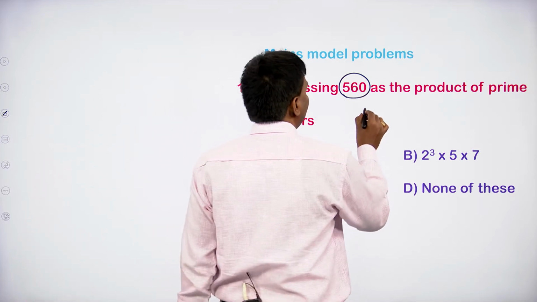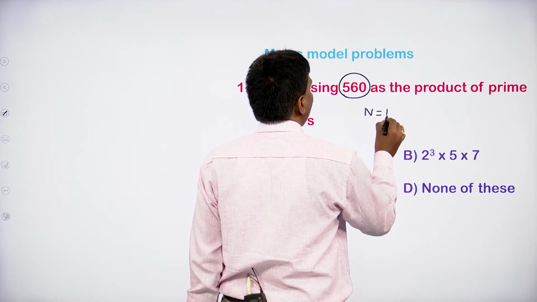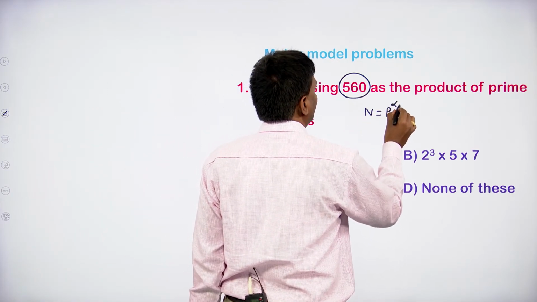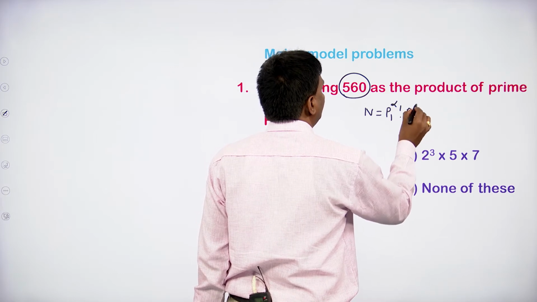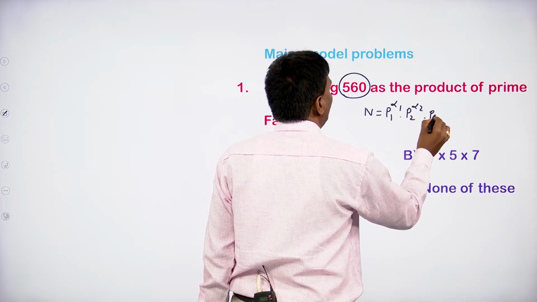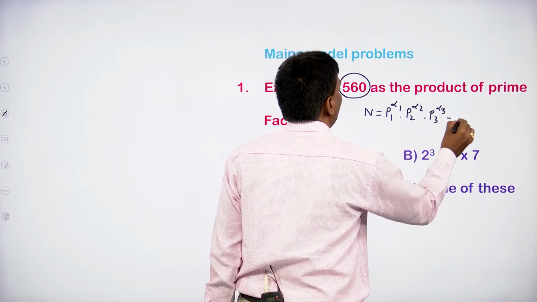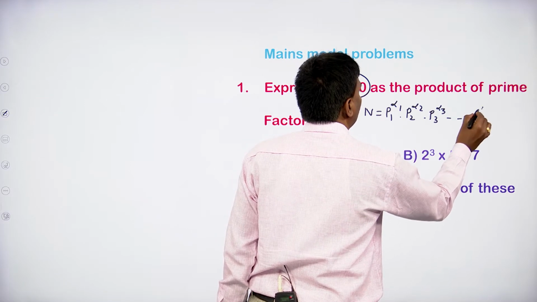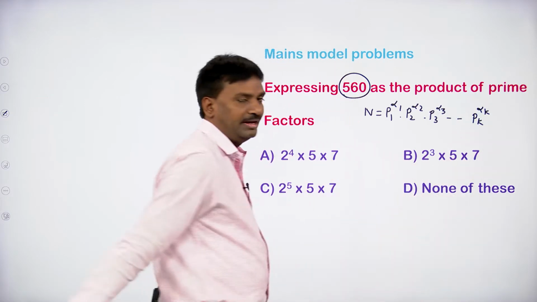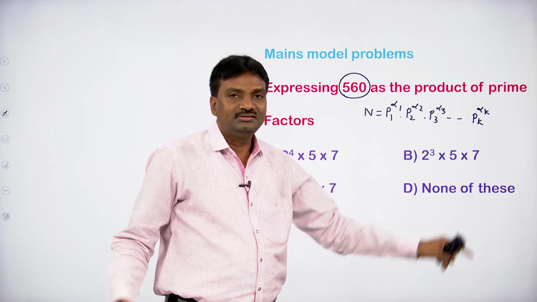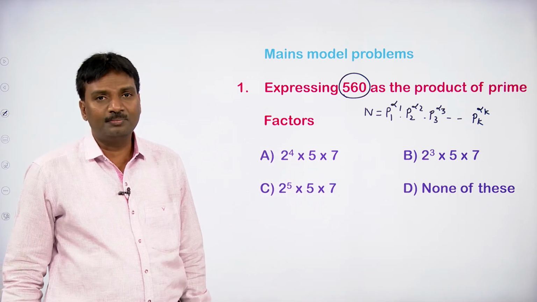We know that if n is any natural number, and we express n as p1 power alpha 1 into p2 power alpha 2 into p3 power alpha 3 and so on up to pk power alpha k, then this is the product of prime numbers.